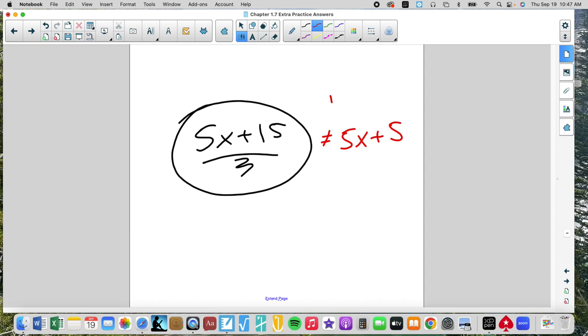That is wrong. We can't just simplify the 3 and the 15 because that 3 is also under the 5x. We would see that if we broke this down into the 2 statements. So we notice that the 3 is under both terms in the numerator.